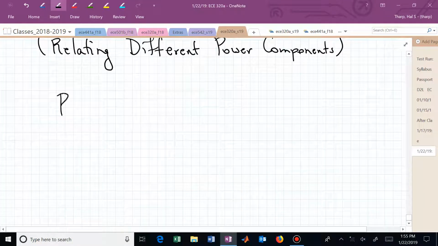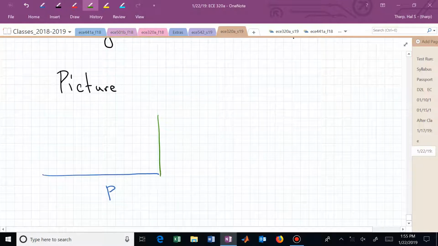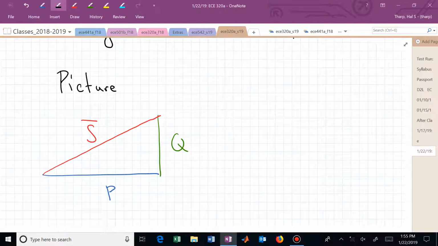Where our picture has P, it has Q, and it has the complex power S, which is the hypotenuse of that right triangle, where the right triangle has a real side length of P, a vertical side length or reactive side length of Q, and this angle theta is really the angle between the voltage and the current.